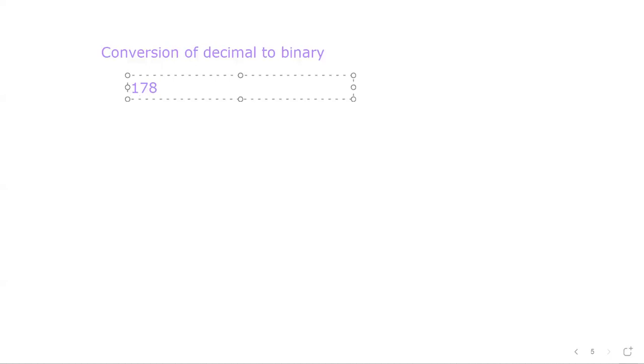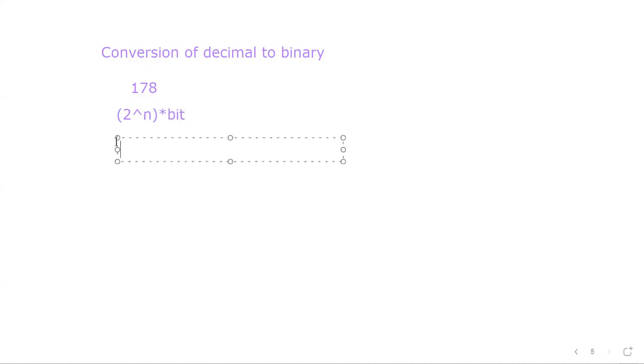Just like above, we do 2 to the power n into the bit, right? We can also take the shortcut. We also know what 2 to the power 1 is, what 2 to the power 2 is.